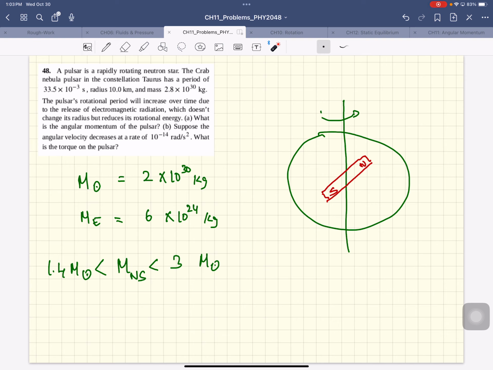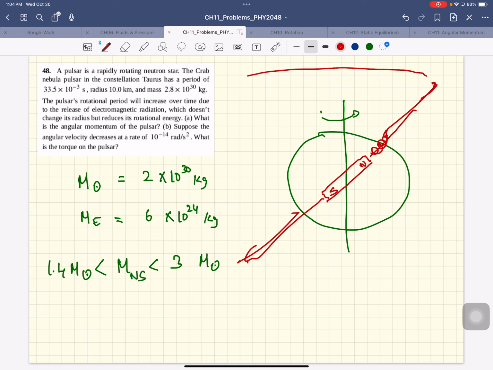So if the magnetic axis is not lined up like this, along the magnetic axis it emits radiation. Particles spiral around the magnetic field lines, and you get electromagnetic radiation coming out in this direction. So it's like a lighthouse. There's the beam. Here's this neutron star rotating about that axis, and this beam is sweeping the sky.